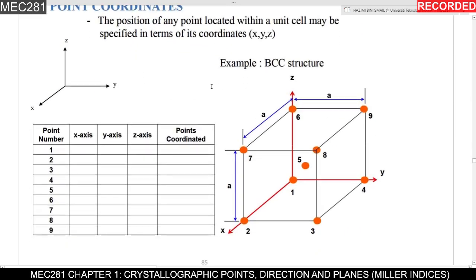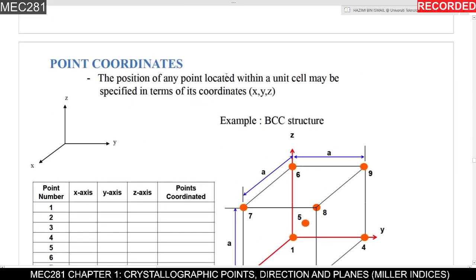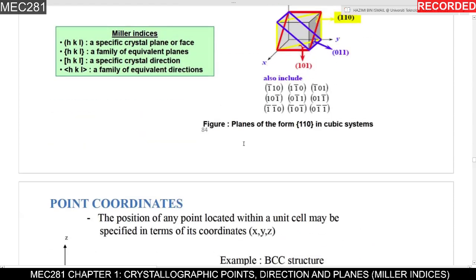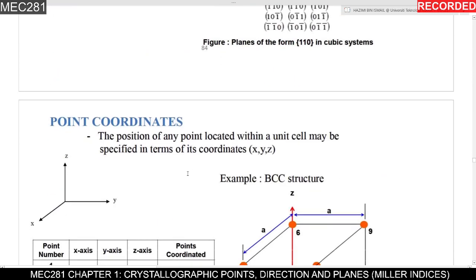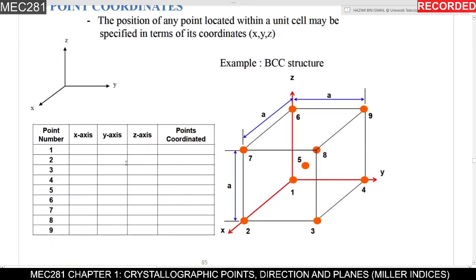By using the coordinates here, we will convert x, y, z into the Miller indices. So point number 1 here is the origin of the axis itself. So this is 0, 0, 0.